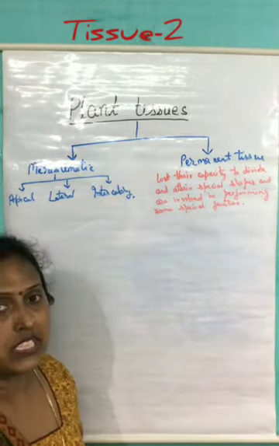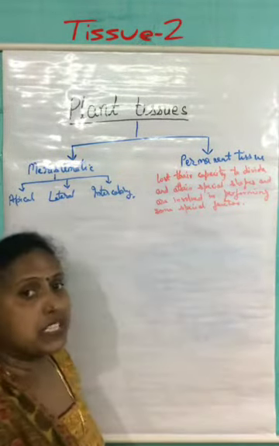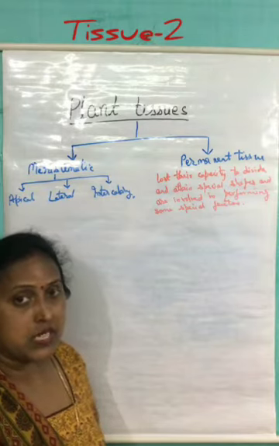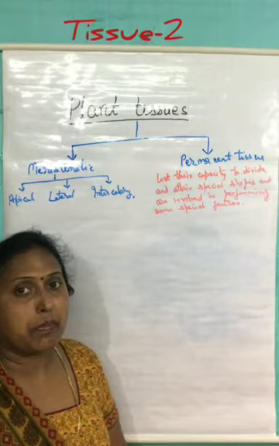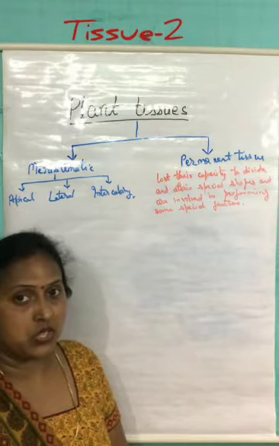One point we have to discuss is that they also originate from the meristematic cells, but after some time they attain a particular shape and size. So today's topic is permanent tissue.